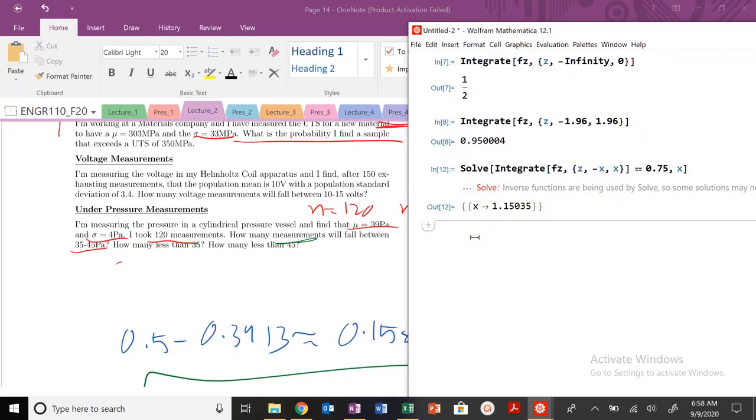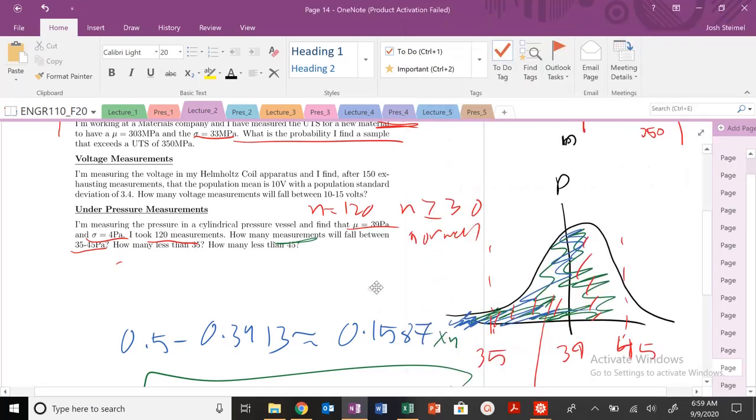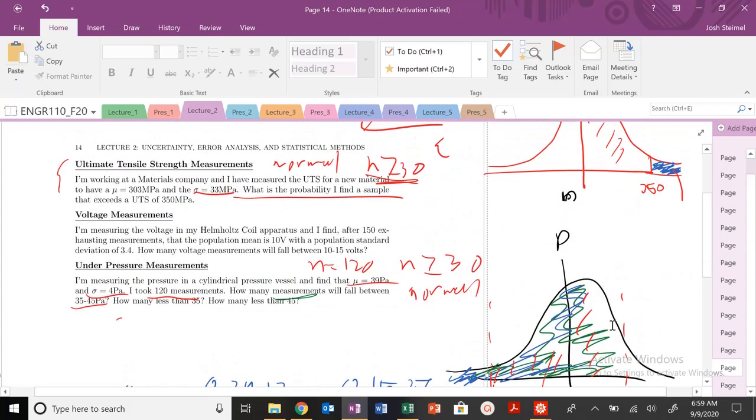My z value for 35 is 35 minus 39 divided by 4, that's x minus mu over sigma, which equals minus 1. What about our other value, 45? That's 3/2. So if I integrate my function between those two z values, from minus 1 to 1.5, let's see what I get. 0.774, and let's see if we still have that. Yep, pretty much right here, just like we saw previously.